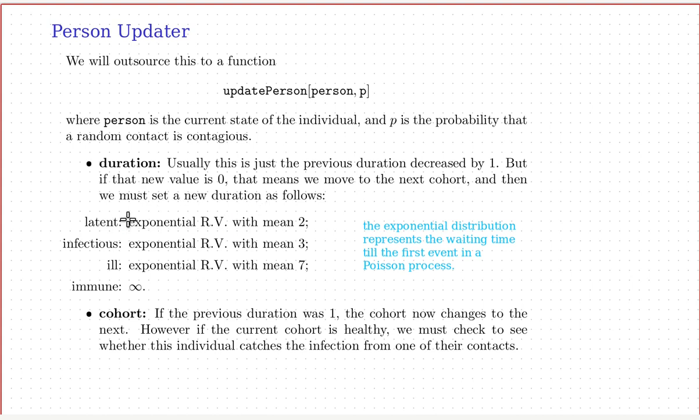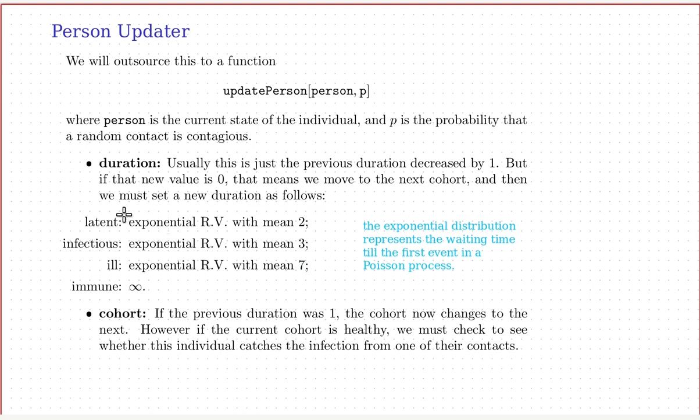It's called the exponential distribution because the formula for the probability density function uses the exponential function. But the important thing is to know that it represents a waiting time. And that's kind of what all of these numbers are. They're waiting times until the current stage of the illness is over. So it seems appropriate to use the exponential distribution to model them.